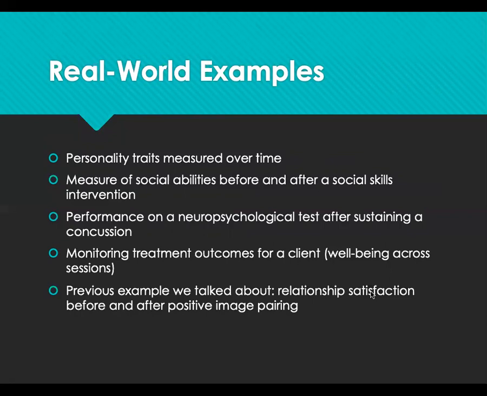Perhaps a measure of social abilities before and after a social skills intervention. And there's going to be a lot of designs that look like that, right? Where you're measuring some kind of ability or increase or decrease in symptoms before and after some kind of intervention.